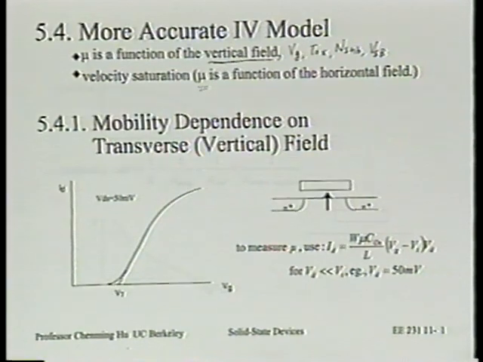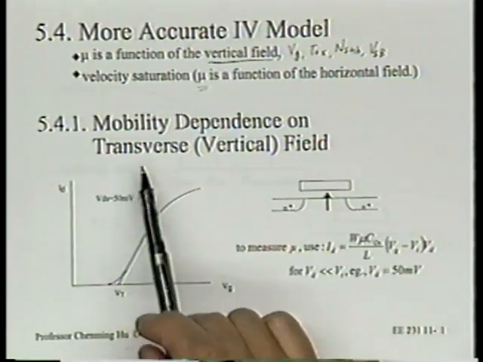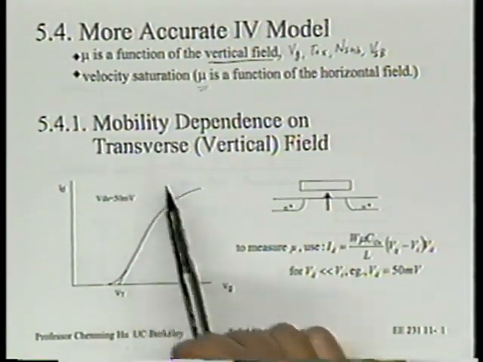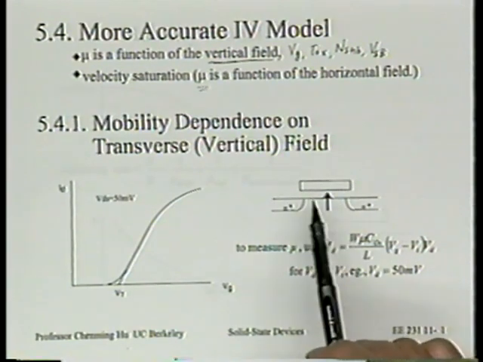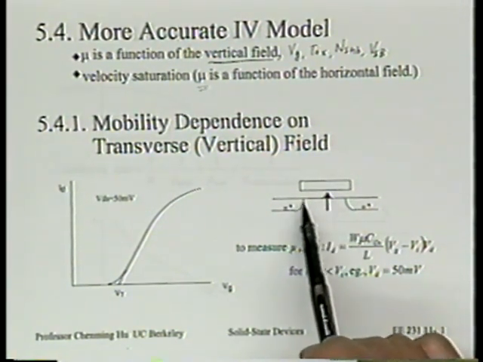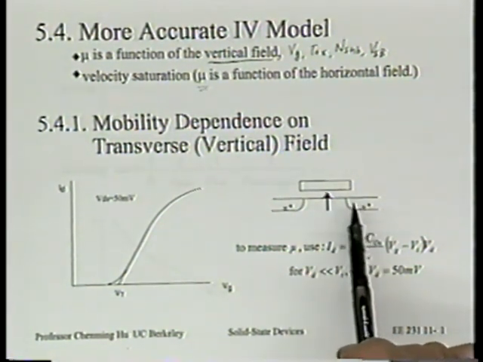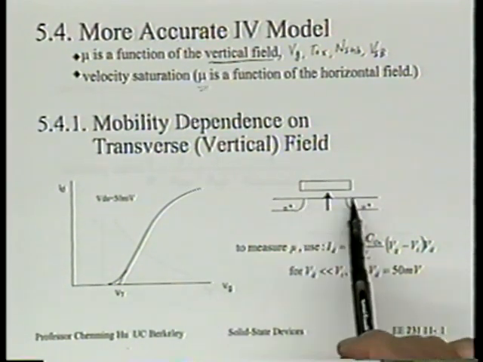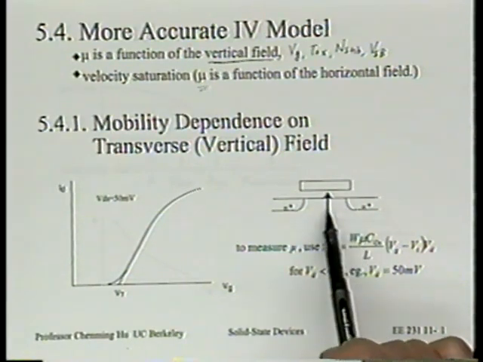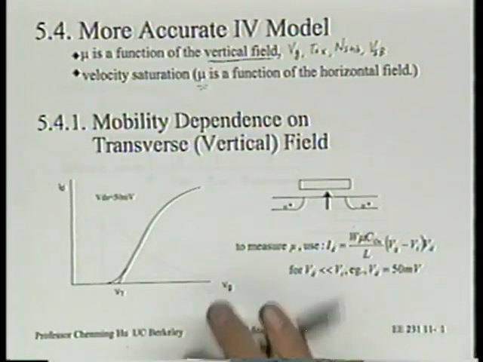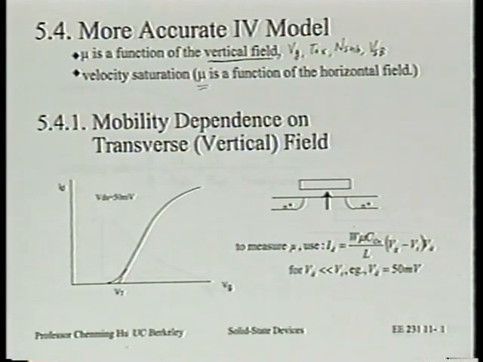I guess perhaps a more geometry independent, or at least drawing independent word would be transverse field, meaning the field that's normal to the direction of the motion. The electrons are moving from source to drain under the influence of the horizontal field or the longitudinal field. But it turns out the mobility is a function of the transverse field or the vertical field. So that's what we're going to be talking about today.